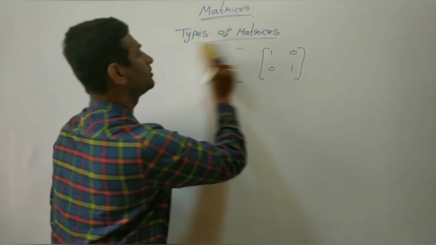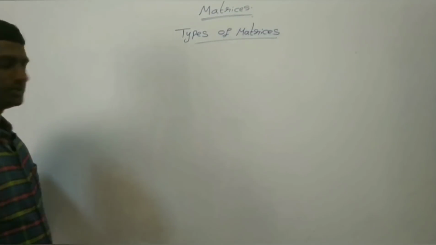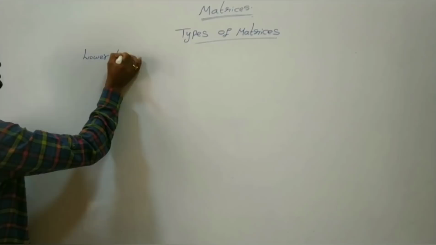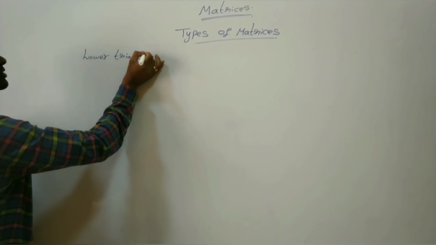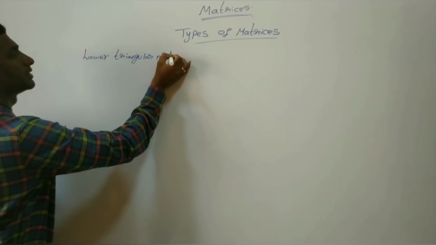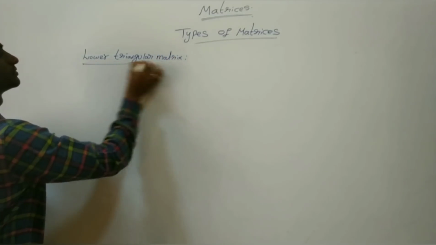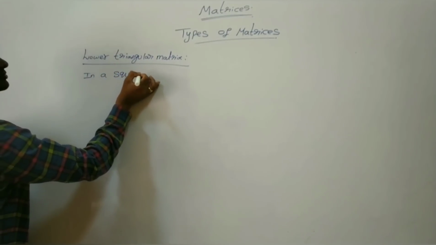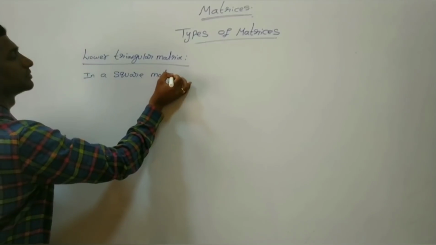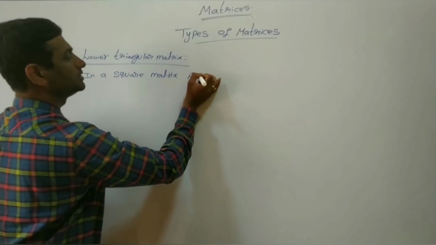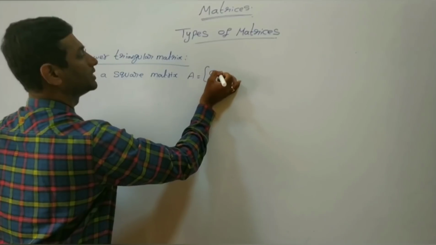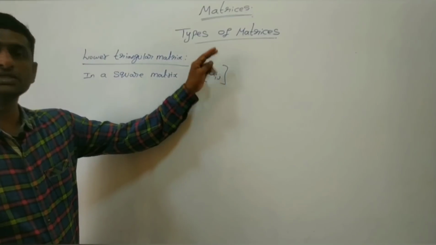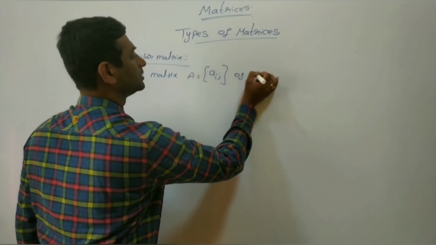So this is the conclusion we can have from the diagonal matrix, scalar matrix and identity matrix. Now we will see one more type of matrix, that is lower triangular matrix. In a square matrix, capital A is equal to Aij, where i indicates the ith row and j indicates the jth column, of order n.